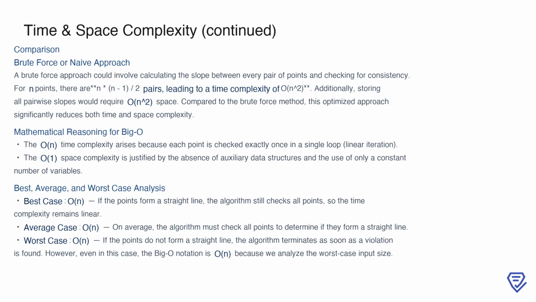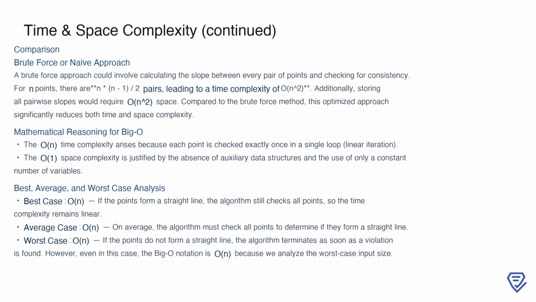In contrast, the optimized solution reduces time complexity to O(n) through a single iteration and space complexity to O(1) by avoiding additional data structures. The mathematical reasoning behind this is straightforward. The O(n) time complexity comes from iterating through the points once, while the O(1) space complexity is due to the constant number of variables used.